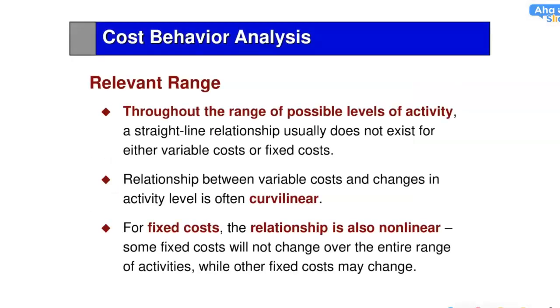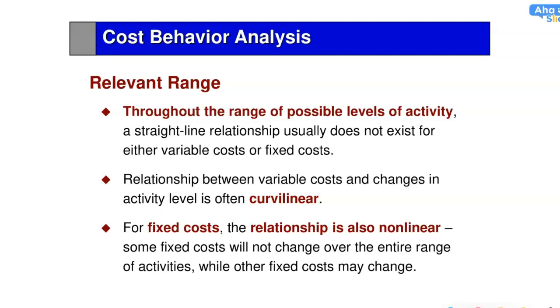Now, when we talk about fixed costs, we have to bring in another concept. And that concept is called relevant range. And it relates only to the fixed cost. What that basically means is this. I'm back to my factory and I'm manufacturing desks.